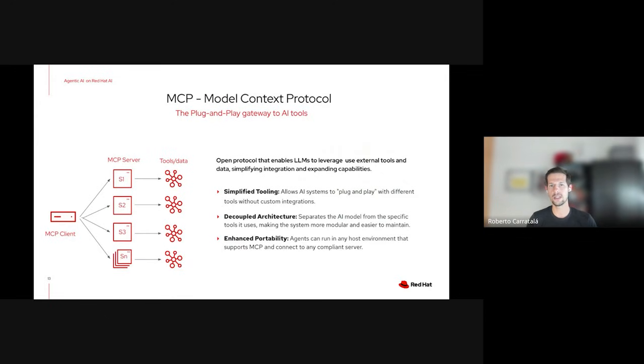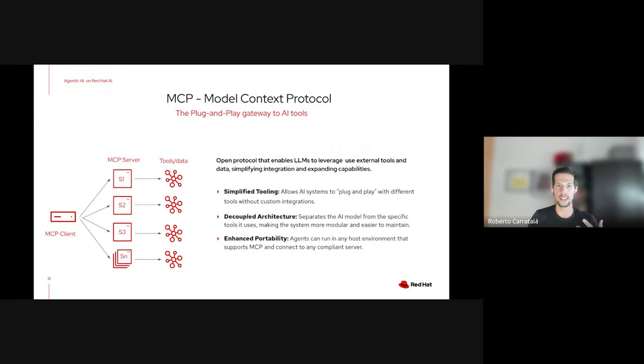It defines how models can call external tools, retrieve data, and interact with different services to enhance their capabilities. So at the end of the day, MCP standardizes AI model integration and offers one unified layer to connect applications with the different tools and data sources. And all of this is a modular and interoperable framework.